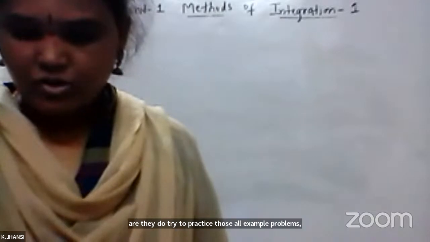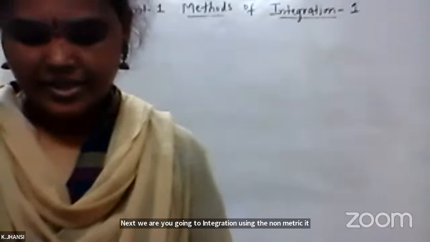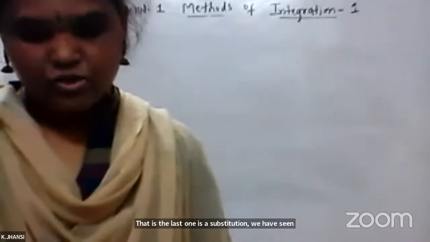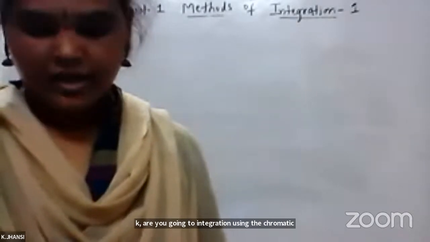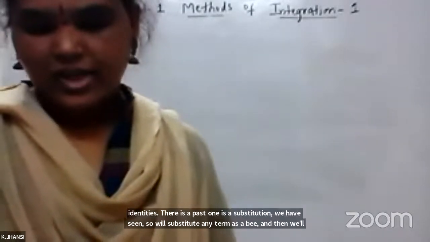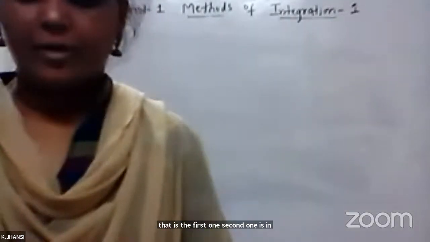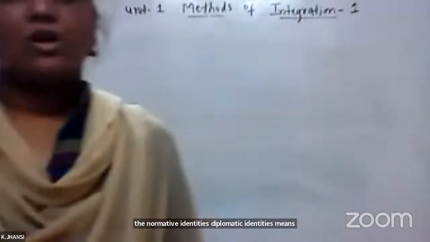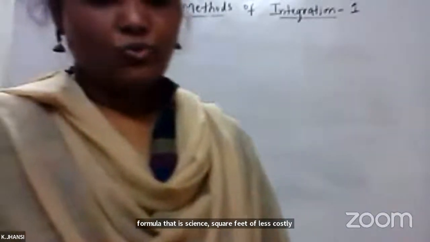Next, we are going to integration using trigonometric identities. The first one, the substitution, we have seen. So we substitute any term as t and then do the integration. That is the first one. The second one is integration using trigonometric identities. Trigonometric identities means the formulas you already saw in 10th class, that is sine square theta plus cos square theta equals 1.